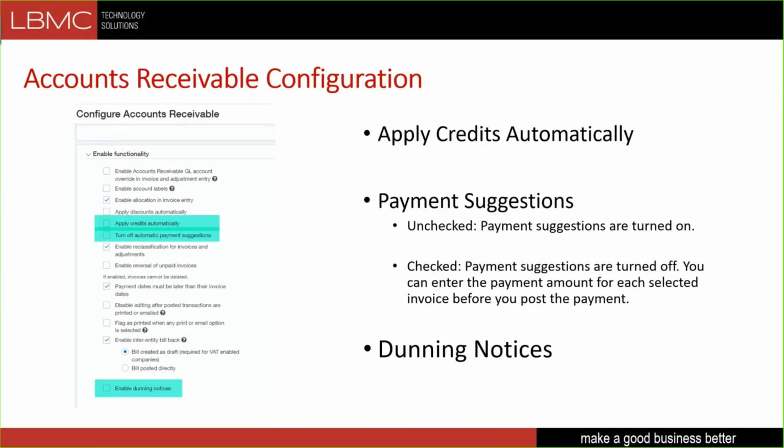The first one relates to an option to automate applying available credits when you receive a payment. So when you select the apply credits automatically functionality, then during the receive payments process, any credits that that customer has will be automatically applied using what Intacct calls the waterfall method.